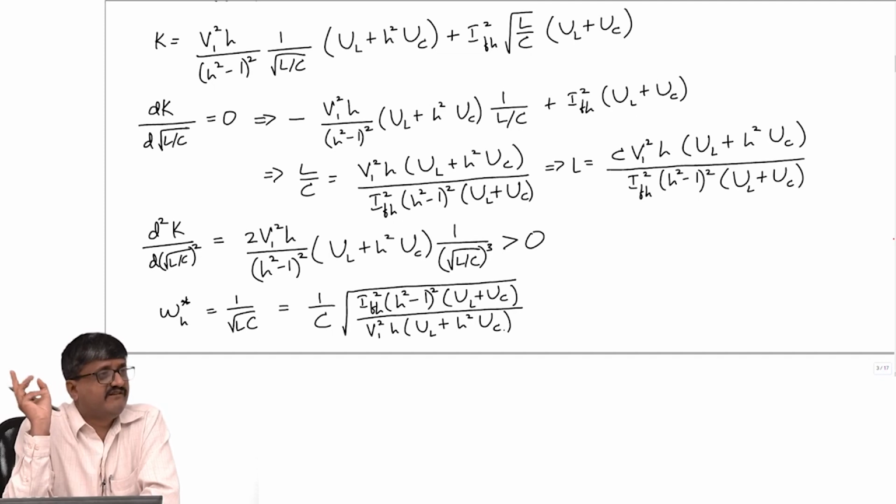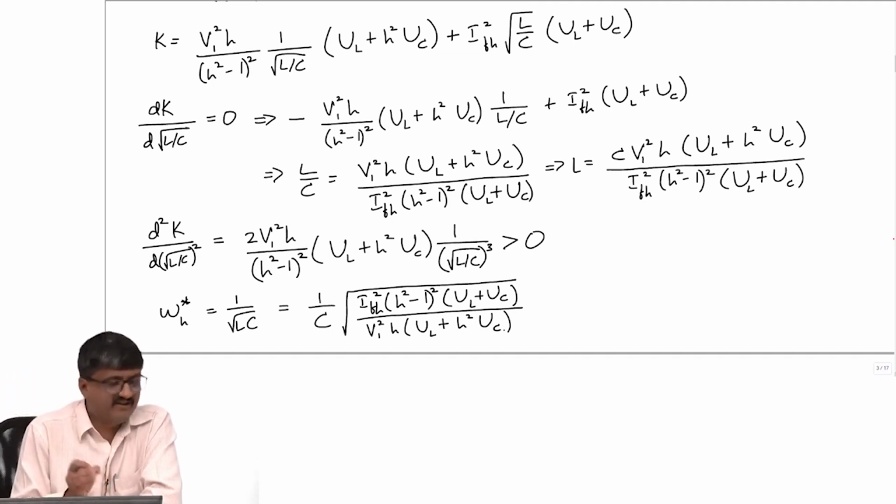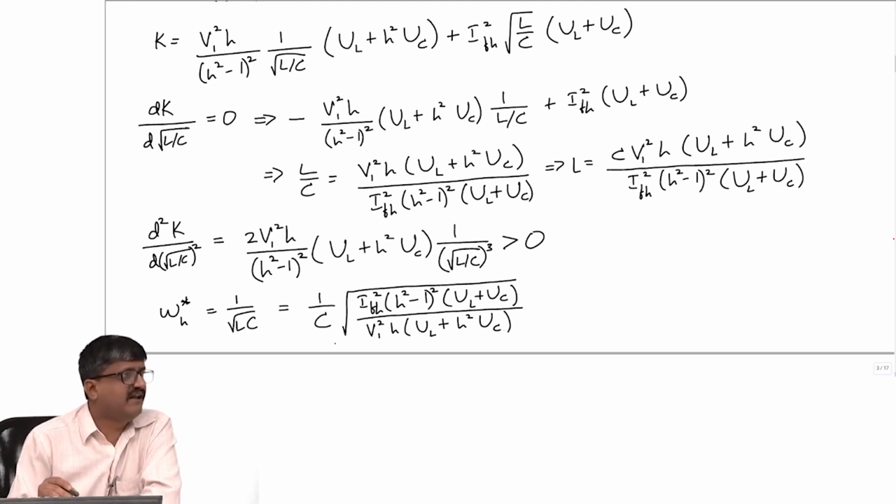This equation will give me the value of C. I know the left hand side omega H star and I know the coefficient of 1 by C. All quantities are known. So, I get C. Once I get C, I can find L.